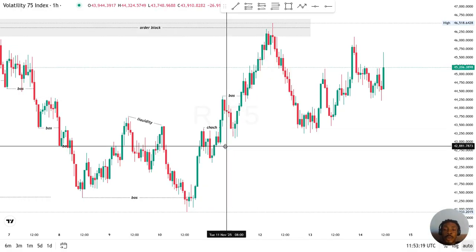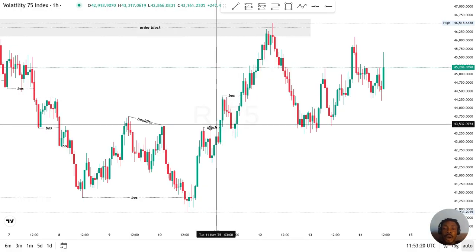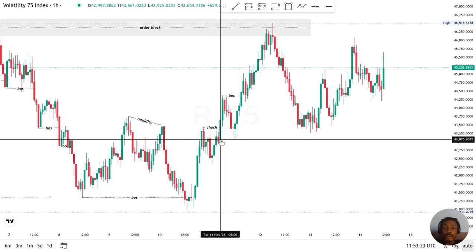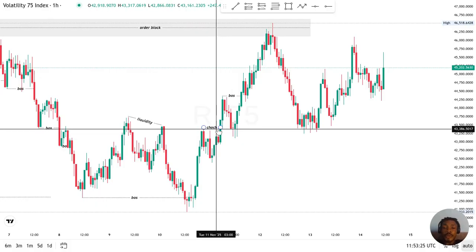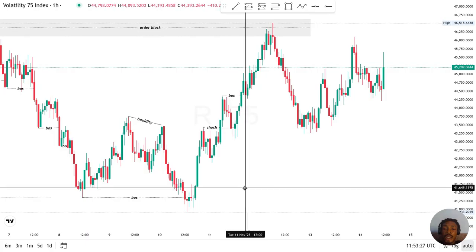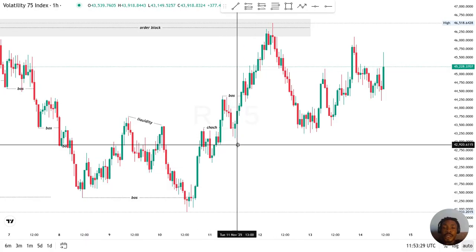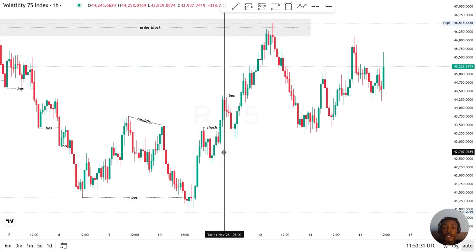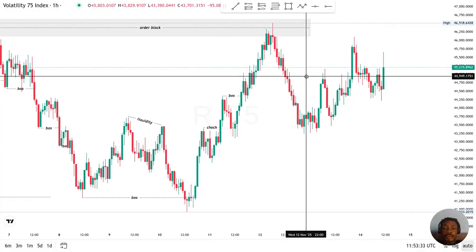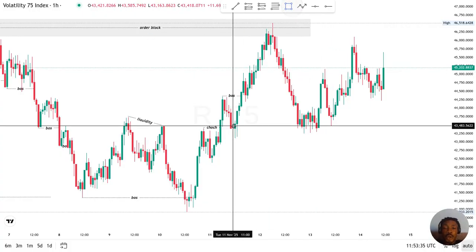Normally we're meant to look for the origin of this change of character. What I can say concerning the origin is, if it's a bullish change of character, we look for the last bearish candle as our order block.